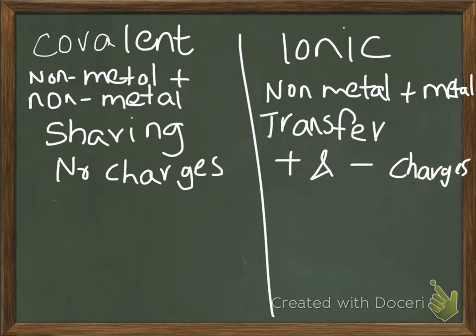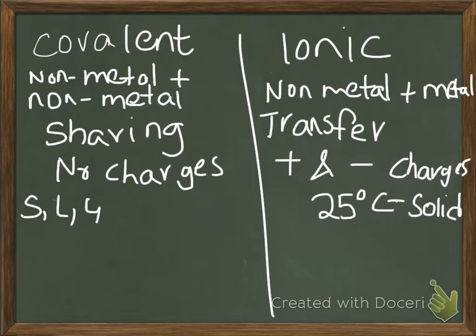In ionic compounds at room temperature, which is about 25 degrees Celsius, they are solid. But covalent compounds can be any of the three states of matter: solid, liquid, or gas at room temperature.